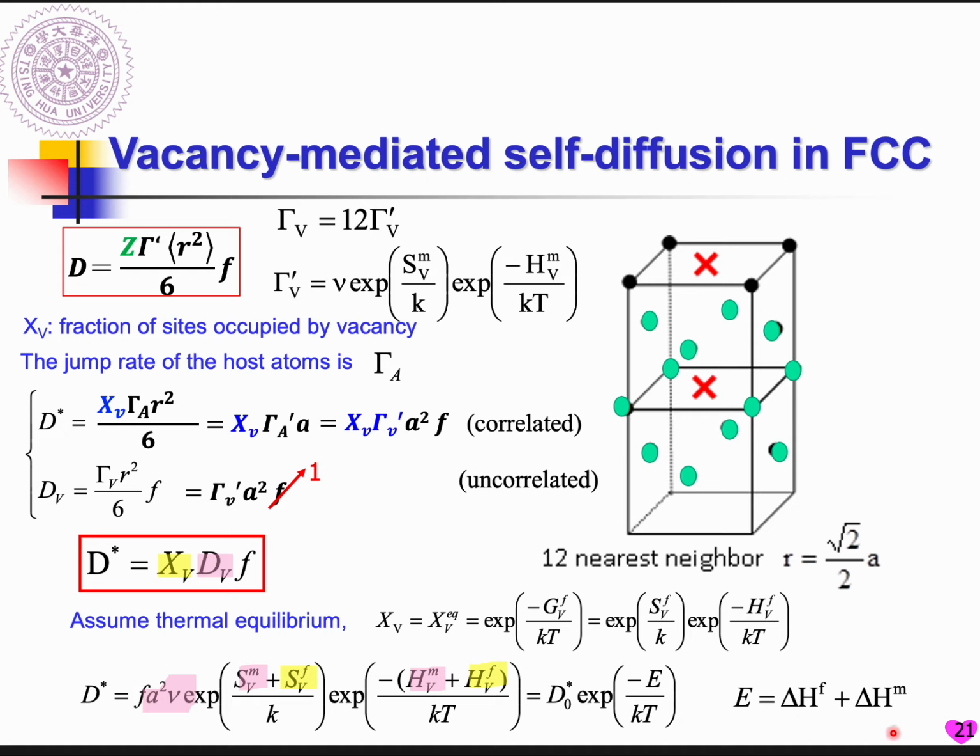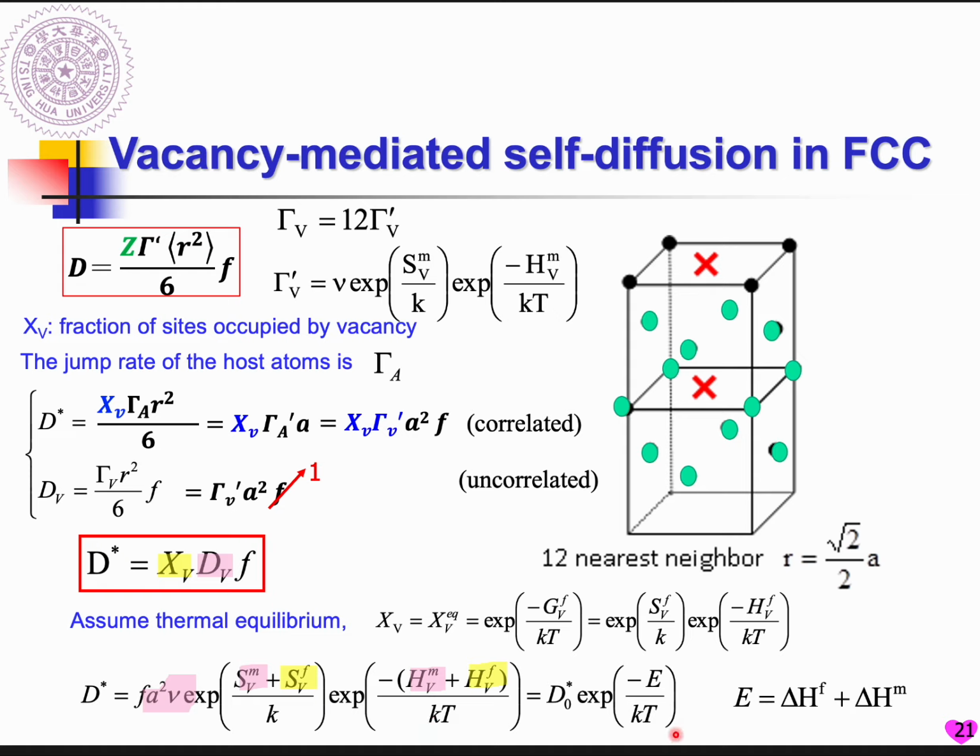There are two approaches, right? But as you know, it's very difficult to measure the atomic migration energy directly. So here, we try to measure the E first, then get the migration energy.